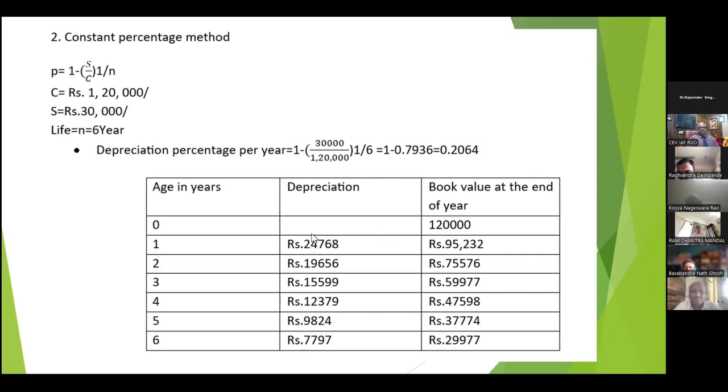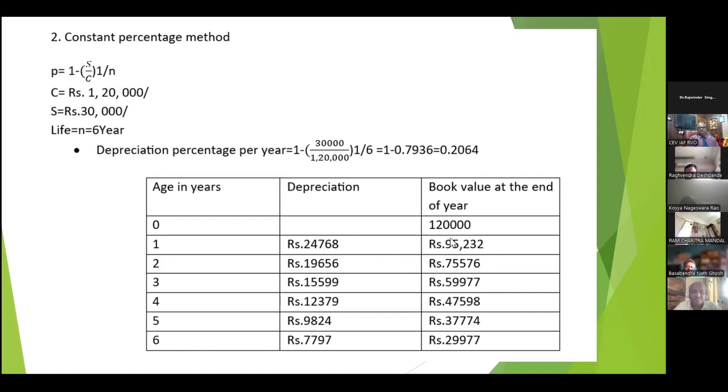Value is 24,768. This is the depreciation. So the value will be 1,20,000 minus 24,768, 95,232. And now in the next year, depreciation will be applied on 95,232, on this value, not on 1,20,000.